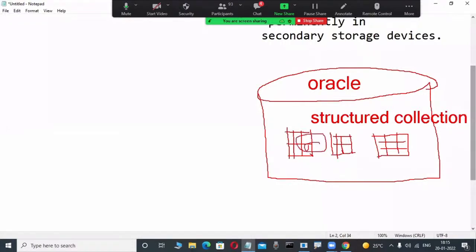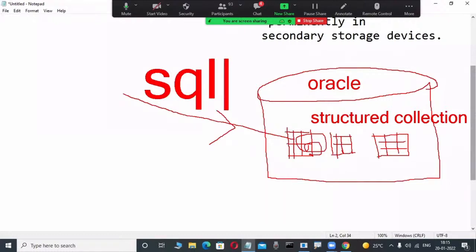Once we have a structured collection of data, to operate on this data some language is required. What is that language? Maybe anybody has an idea? SQL, Structured Query Language. Through this language we operate on the structured data in relational databases.